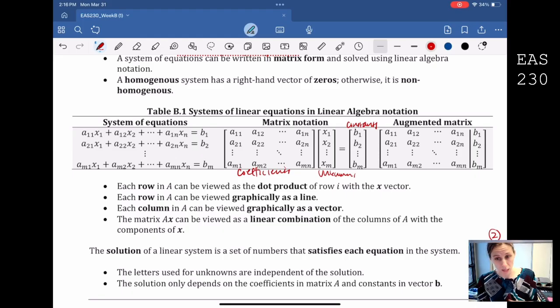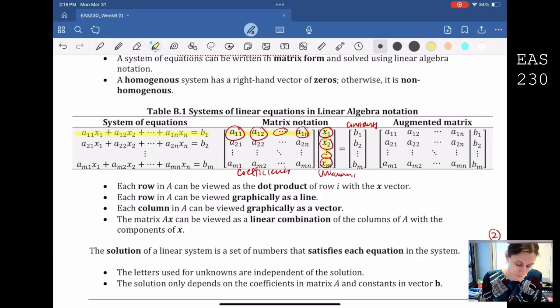Each row in A can be viewed as a dot product of row i with the x vector. If you remember, a dot product is element 1 times this, plus this times this, plus this times this, which is just this equation here. So each row can be viewed as a dot product with our x vector.